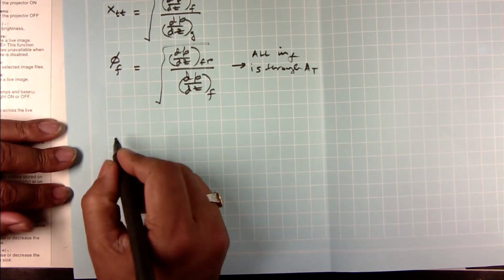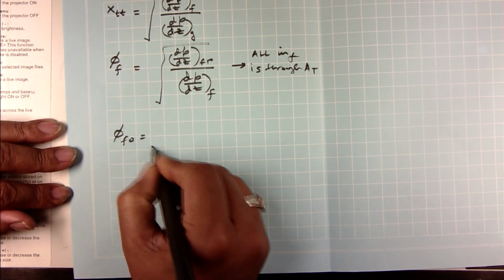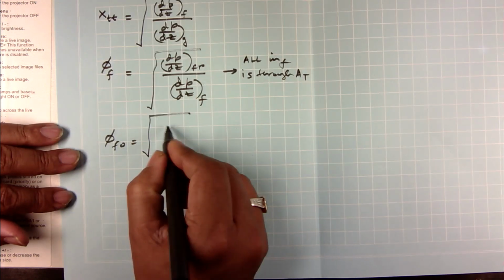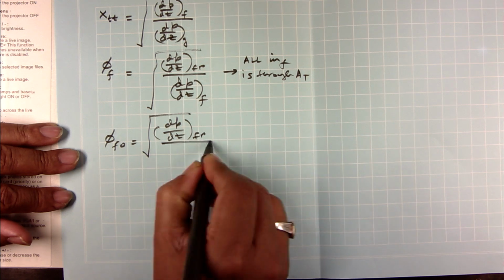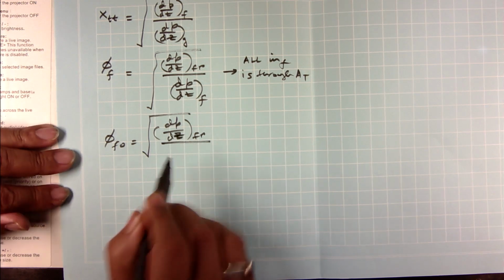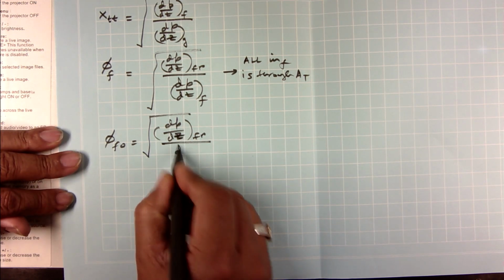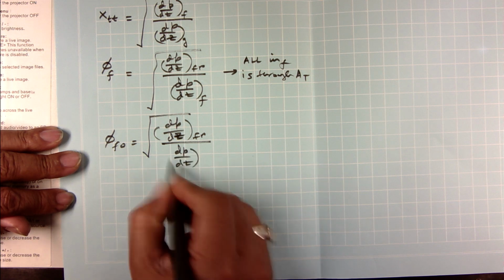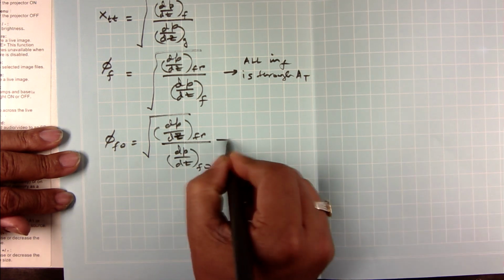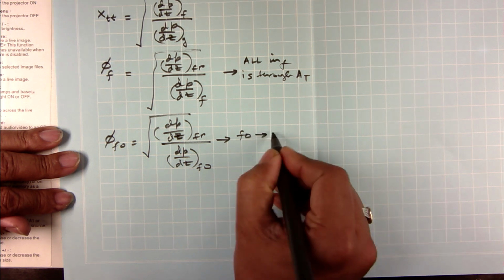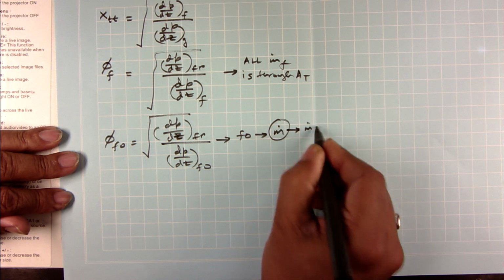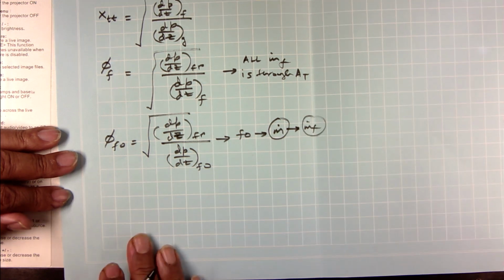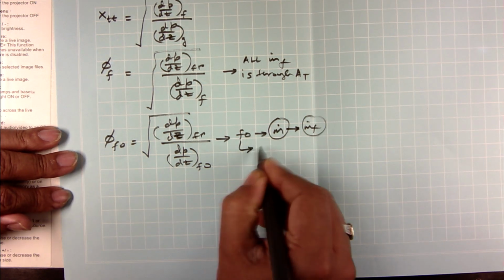Okay, then you also have something called phi FO, which is a frictional pressure drop, which I do not know, right, that is the unknown, divided by dp dz FO. And what FO means is all of the mass flow rate is assumed to be m dot f, and it flows through AT.